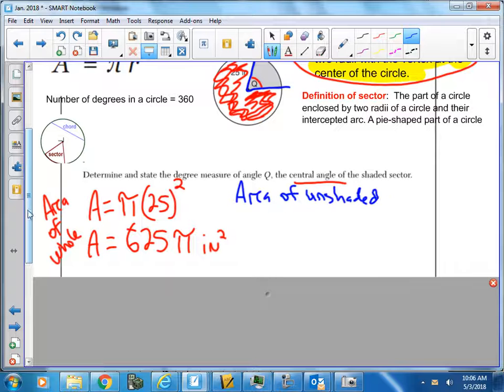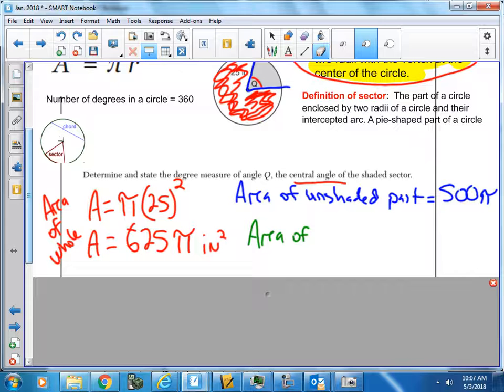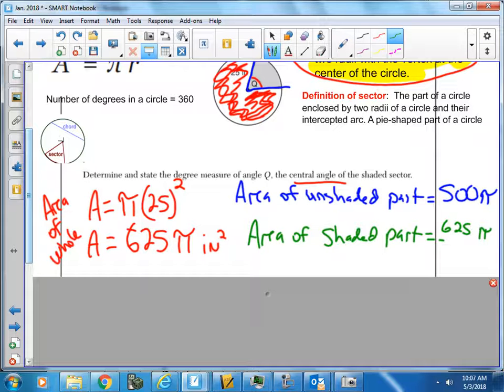So the area of the shaded part is equal to 625 pi minus 500 pi, and that's going to be 125 pi.